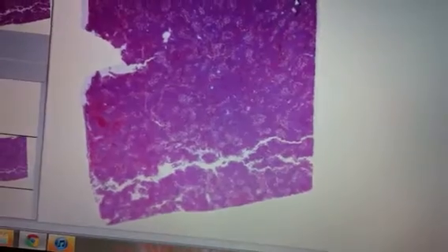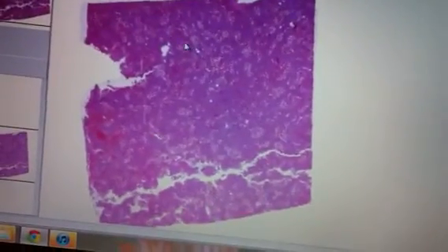Here you're supposed to see the fatty areas a bit further away from the central vein. So you see here the cells survive because they were getting blood supply, while the ones further away are dead or have fatty change.